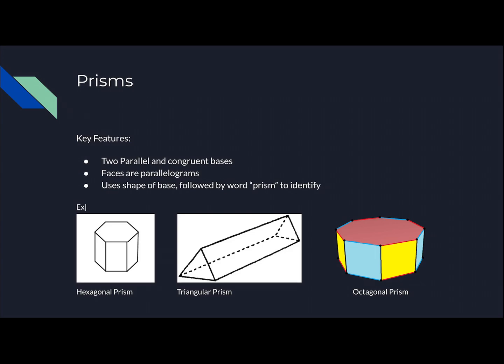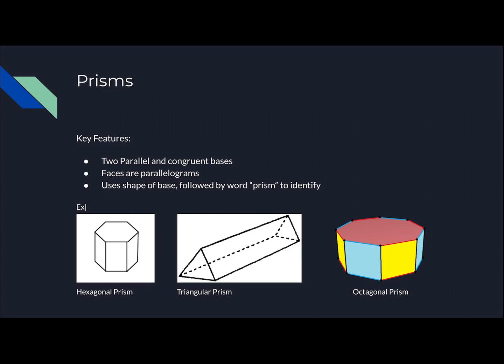And then use the shape of the base followed by the word prism to identify it, okay? So when you say hexagonal prism, that should be your indicator that this hexagon would be my base, and these rectangles or parallelograms right here are what we call our faces, okay?